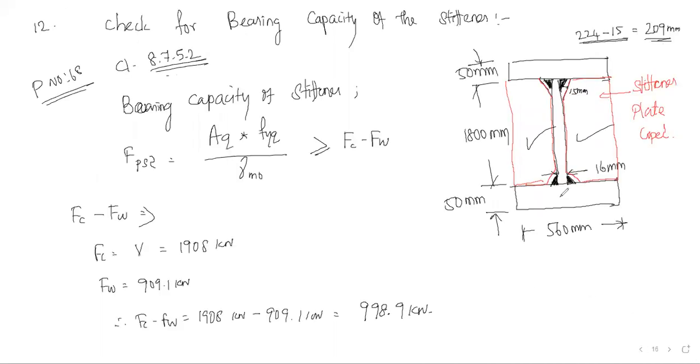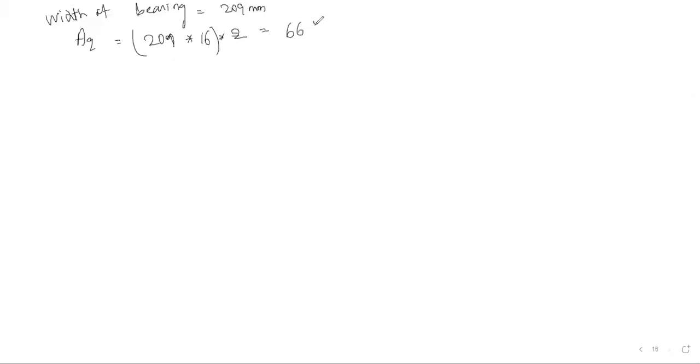There are two plates, sorry, two stiffener plates, so that on either side, here one is available and here one is available. So multiplied with 2, it becomes 6688 mm square.